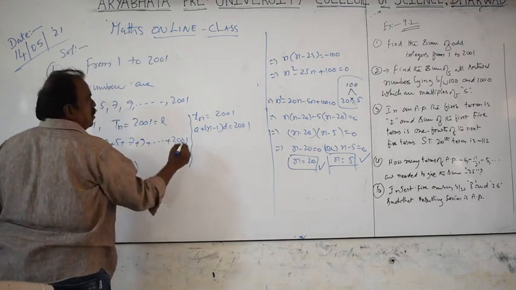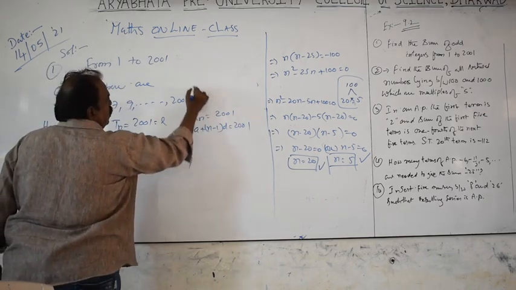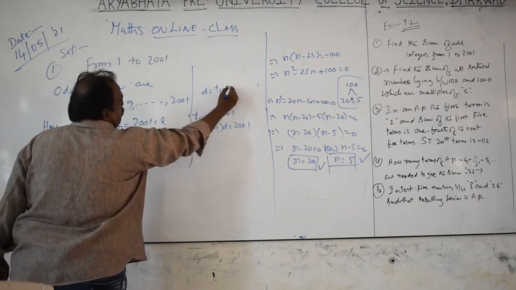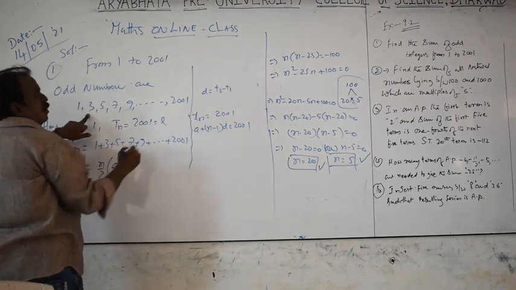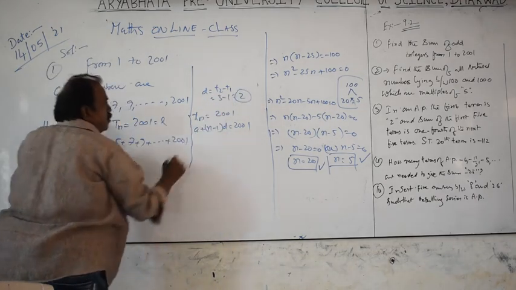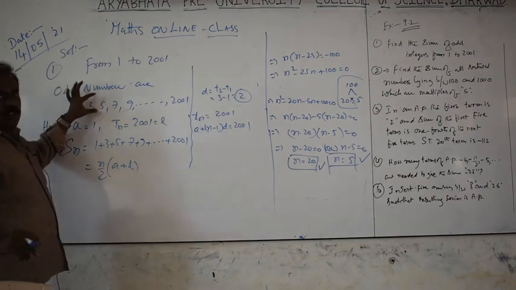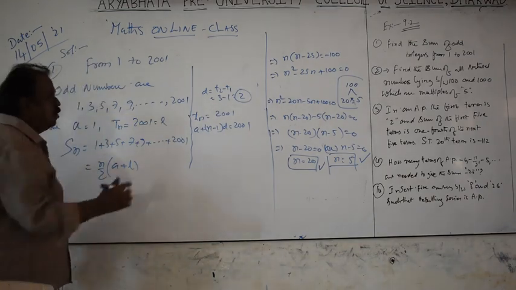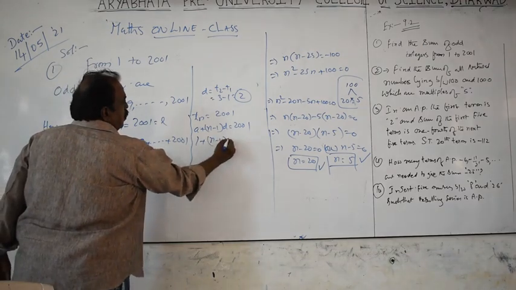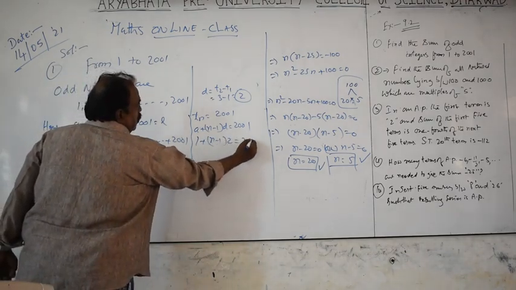What is d? First of all, you see, d is T2 minus T1. T2 is 3, minus 1 is equal to 2. Is it clear? In this series, d is 2. We substitute here. a is 1, n minus 1 into 2 is equal to 2001.